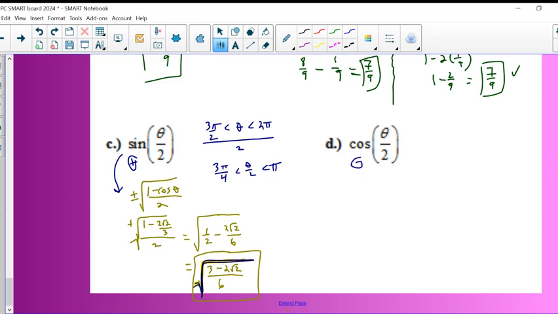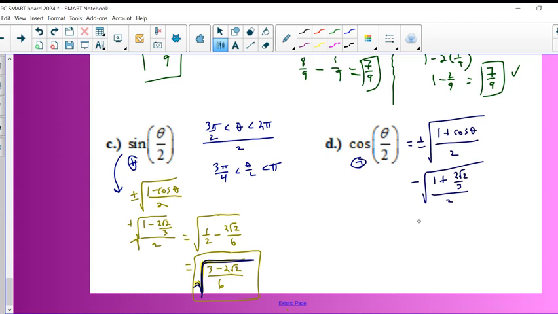Okay. Last one. We knew that was negative. So initially it would have come out to be plus or minus the square root of 1 plus cosine of theta over 2. And so we already established it was negative. That's the behavior of cosine. It's now 1 plus 2 root 2 over 3, same value as before. Divide by 2.